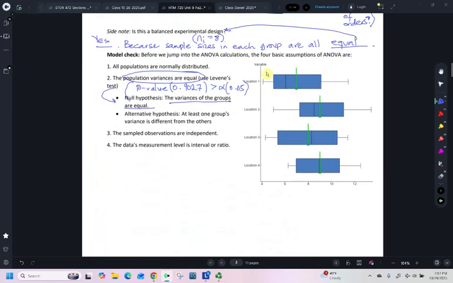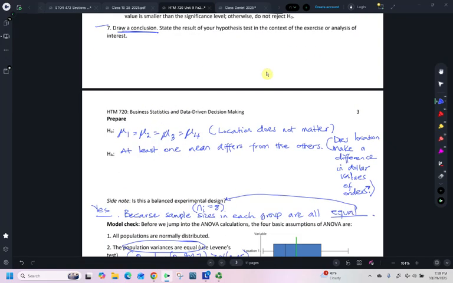Let's go back to what that means. Failing to reject the null hypothesis means that the null hypothesis won, and we do not have enough evidence for the alternative that we wanted to really check. Remember, we wanted to check if location makes a difference in dollar values of orders.